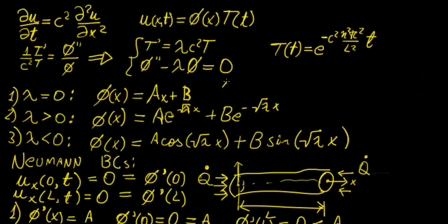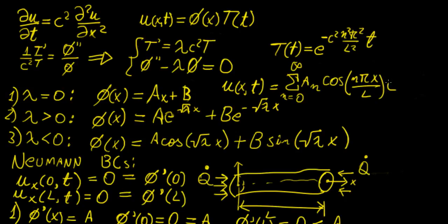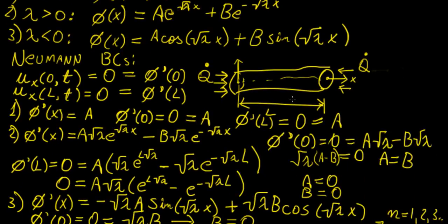And so the general solution to this equation, using those Neumann conditions that we introduced, is going to be the sum from n equals 0 to infinity of a_n cosine, I keep getting confused with this, n pi x over L times e to the minus c squared n squared pi squared over L squared times t. This is the solution for an insulated one-dimensional rod that has the following boundary conditions, where essentially there's no heat flux on the boundaries.